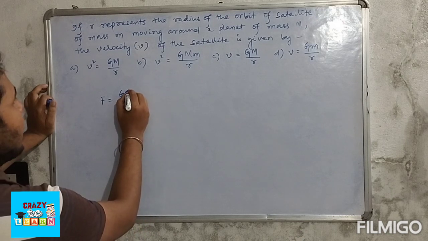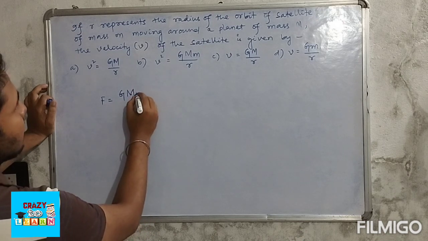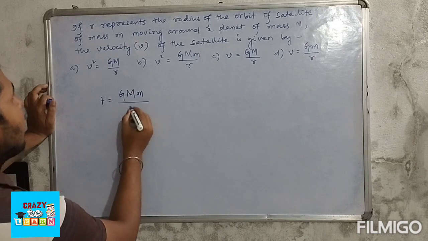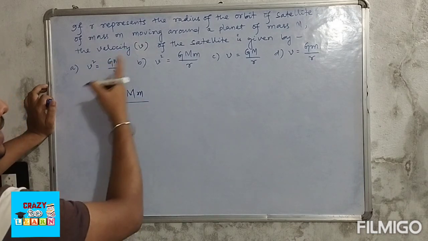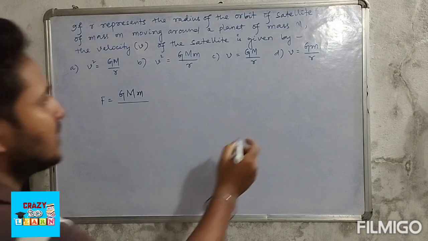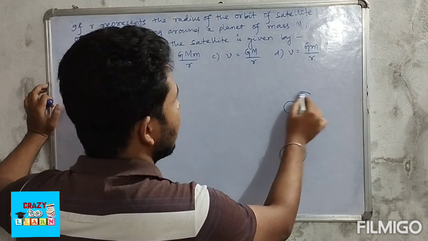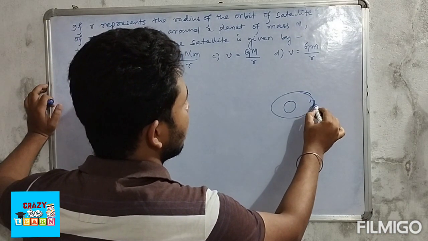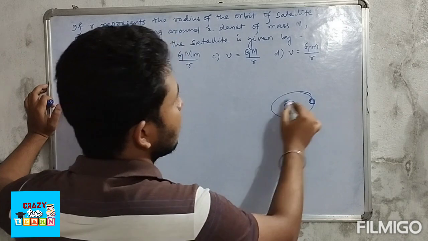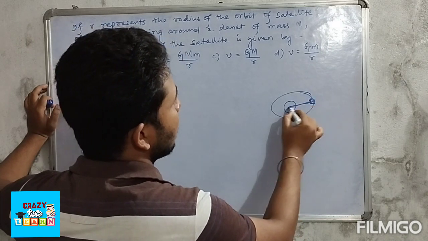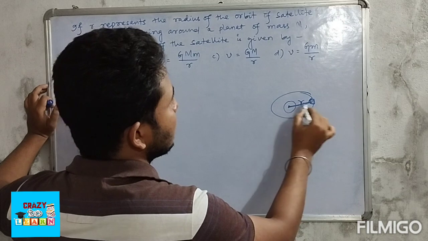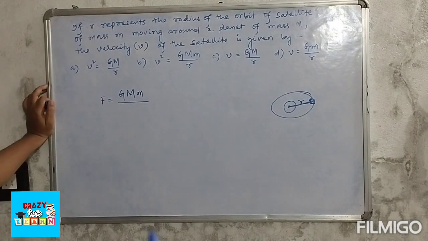So the mass of the planet is capital M and the mass of the satellite is small m, divided by the distance between them. R represents the orbit distance. So the planet is there and the orbit is there and the satellite is revolving, moving around the object.